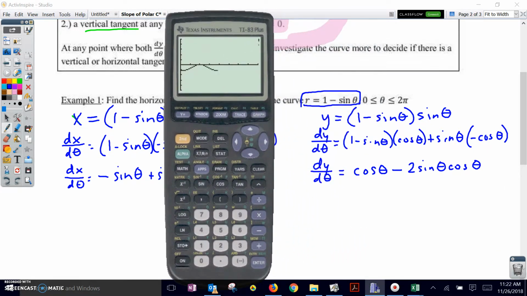And we see a couple places where this is going to be equal to 0. They're not always readily identifiable, so let's see, we've got a 0. Looks like we've got a 0 here, and that should be at pi over 2.